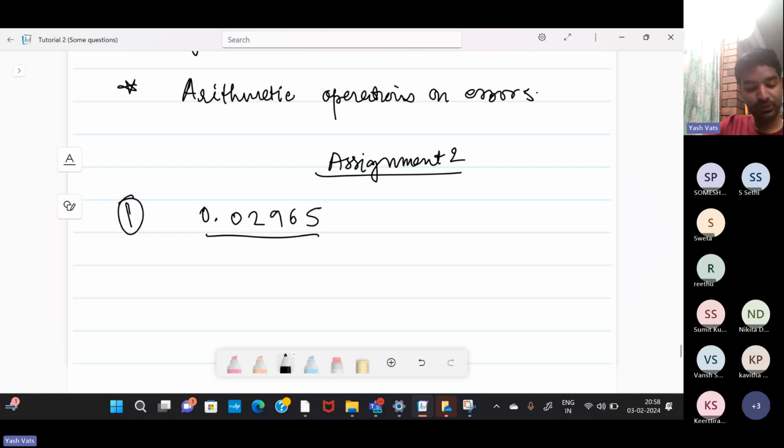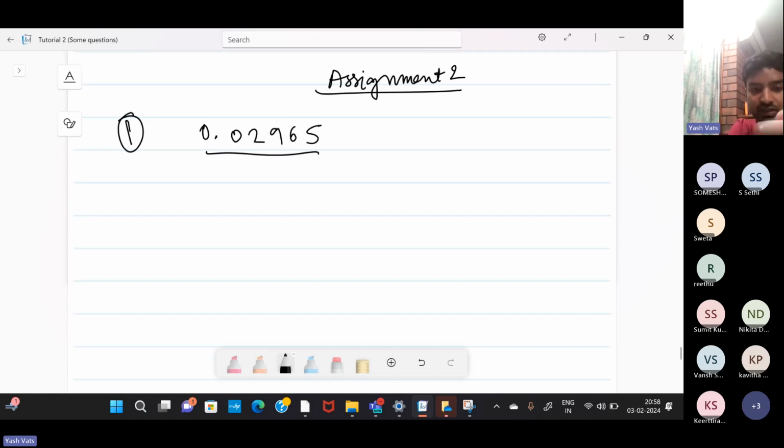Just use a similar procedure. Try to convert it this way. Use 4 significant digits. This is the hint for this question. I'm not going to do this; you just learn how to write a number in normalized form.